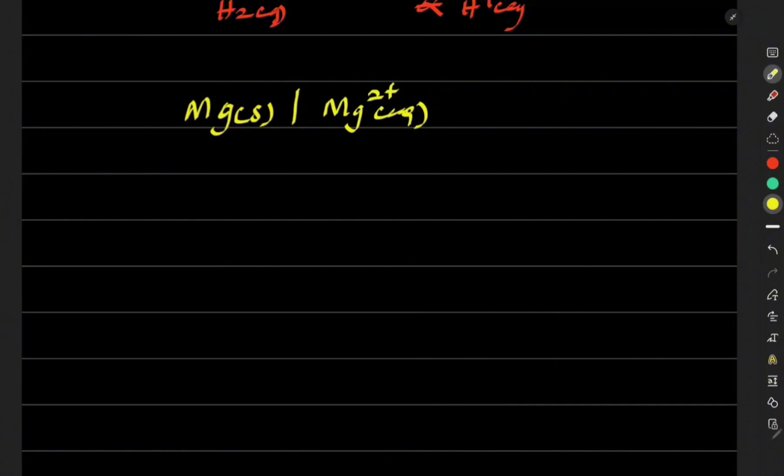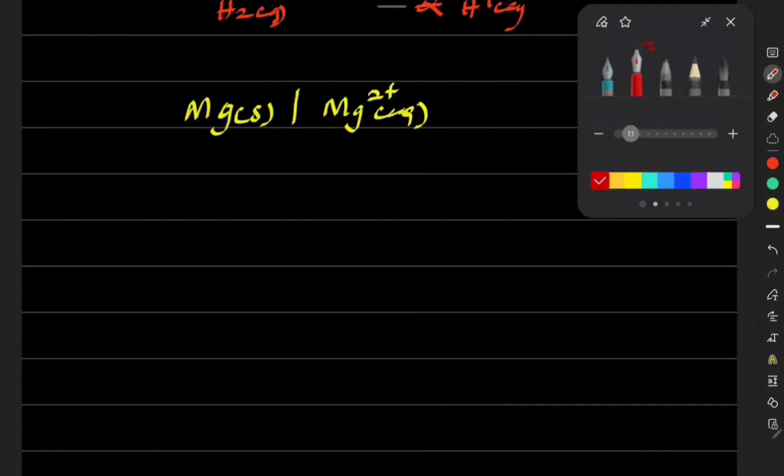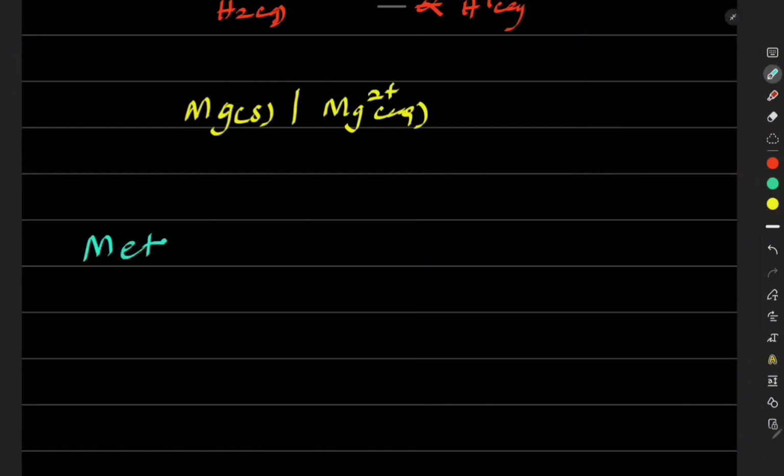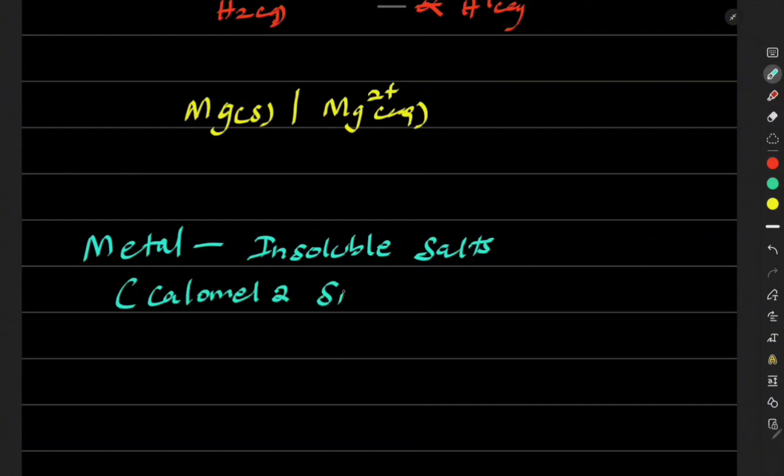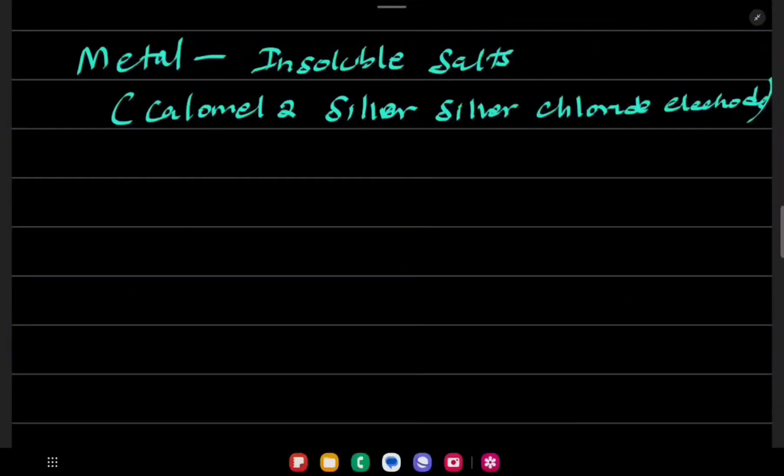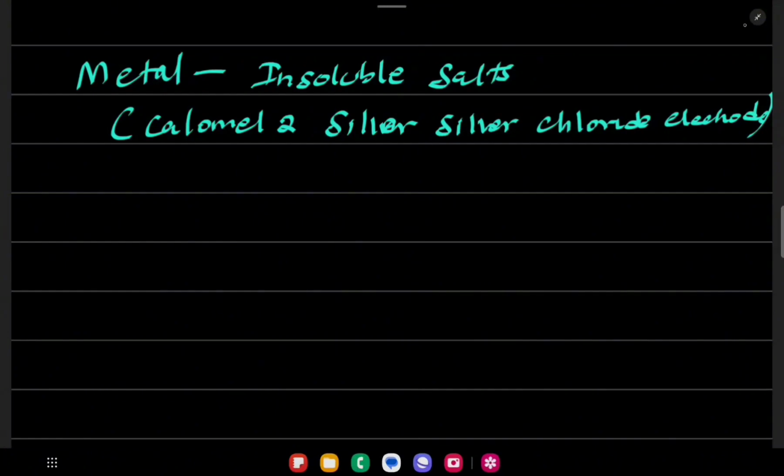And the next part we're going to look at is metal insoluble salt electrodes, which we call calomel electrode and silver chloride electrode. There are two electrodes, the calomel electrode and the silver chloride electrode.